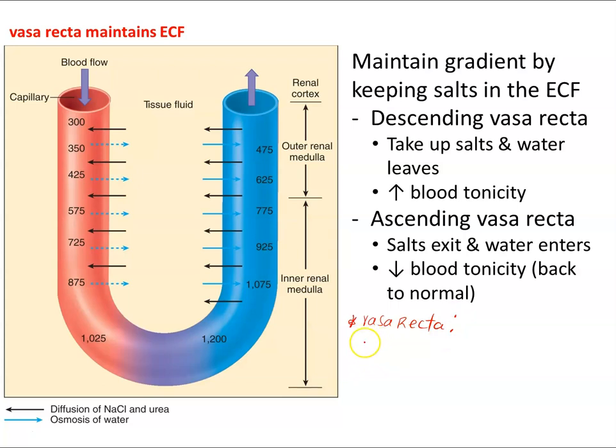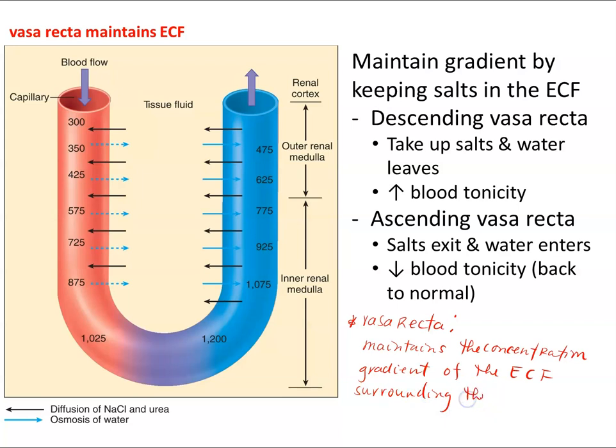So what it does is maintain the concentration gradient of the extracellular fluid or matrix or interstitium surrounding the loop of Henle, so water, that's the descending loop, and sodium, that's the ascending loop, may continue to be reabsorbed.